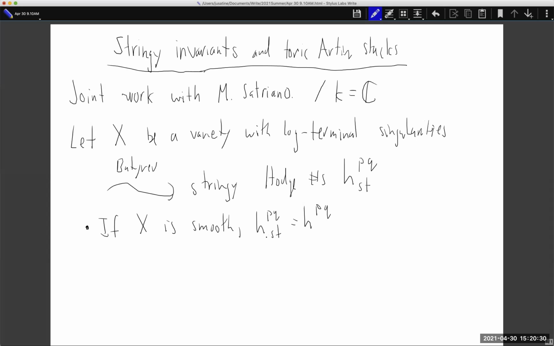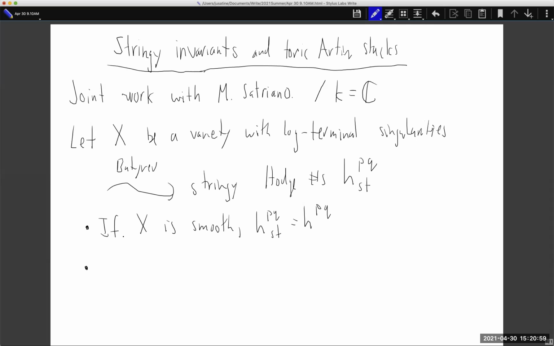For smooth not compact, it's the coefficients of the Hodge-Deligne polynomial. Thanks. Yeah, I might sweep that nuance under the table throughout the talk. When I say Hodge numbers, if something is not compact, you can think of these virtual Hodge numbers. So they're Hodge numbers for non-compact things, and they satisfy cut and paste.